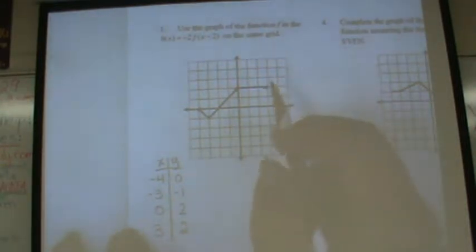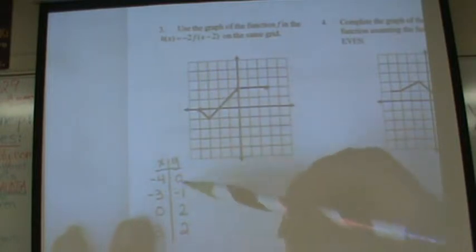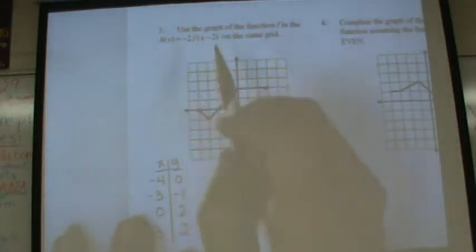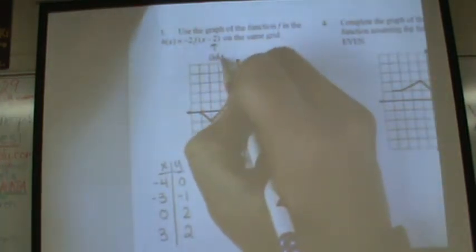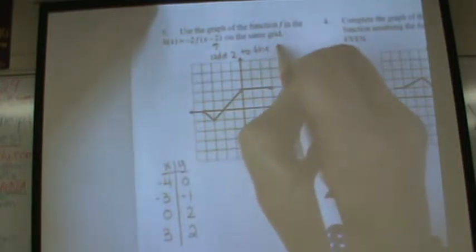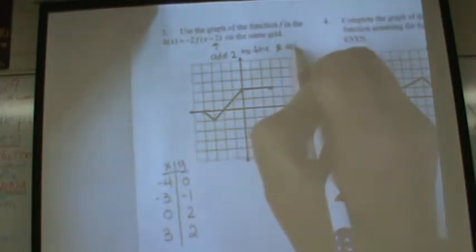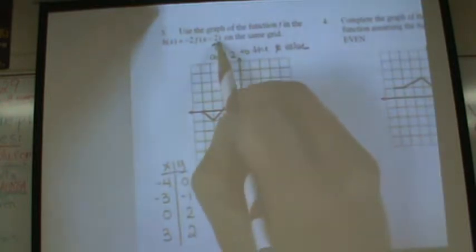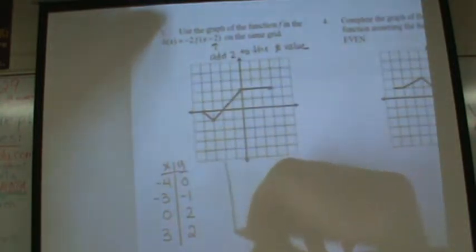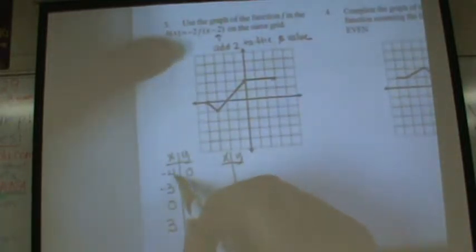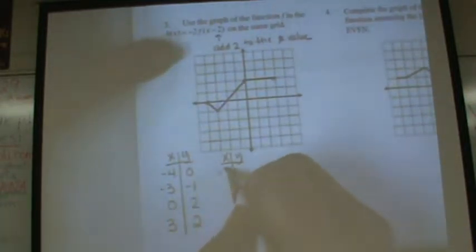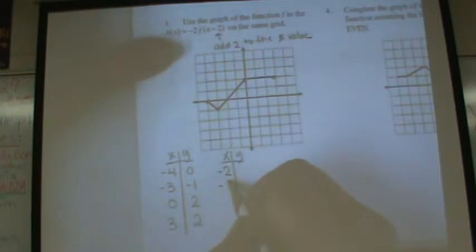So now we're going to use this table and we are going to do these transformations. This number right here tells you to add 2 to the x value. So if we added 2 to our x values, what we get is negative 4 plus 2 is negative 2. Add 2, you get negative 1.